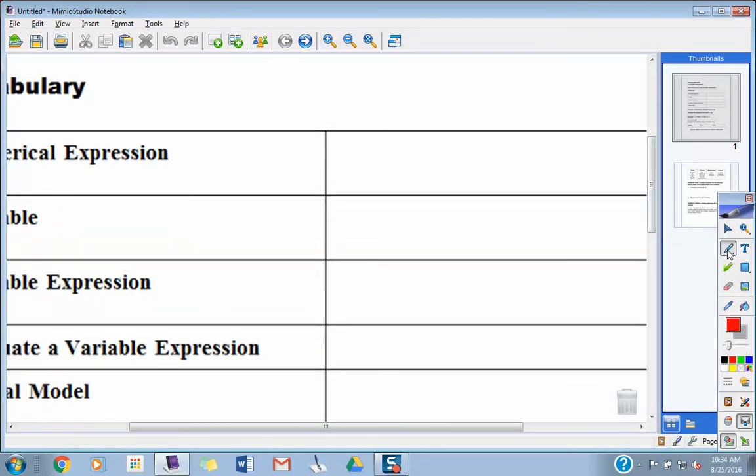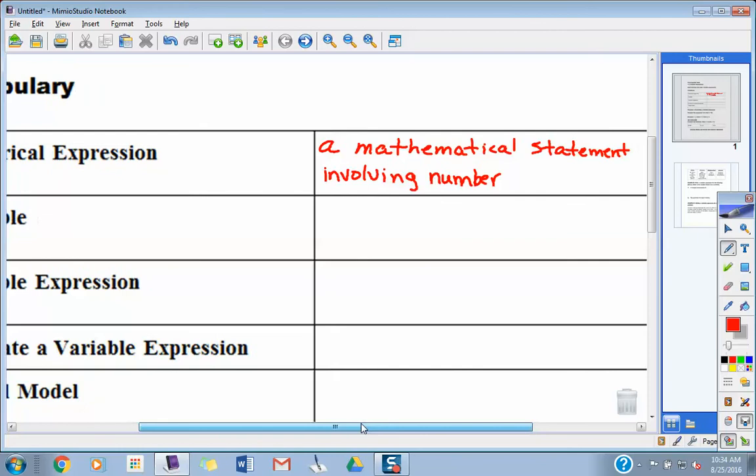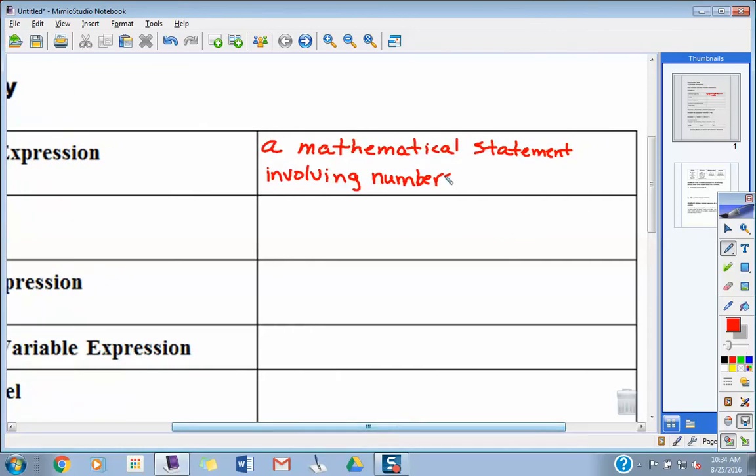This is going to be called a mathematical statement involving numbers and operations.